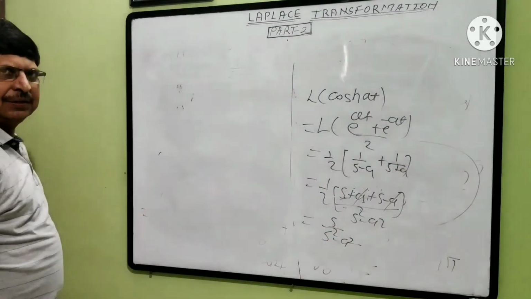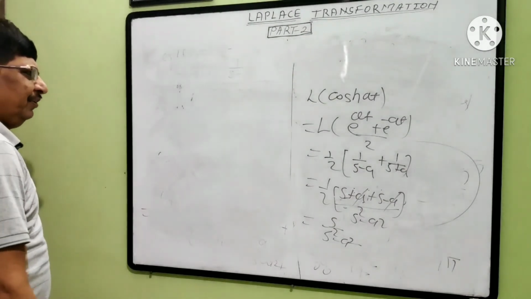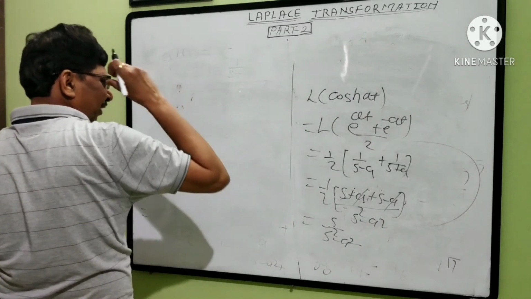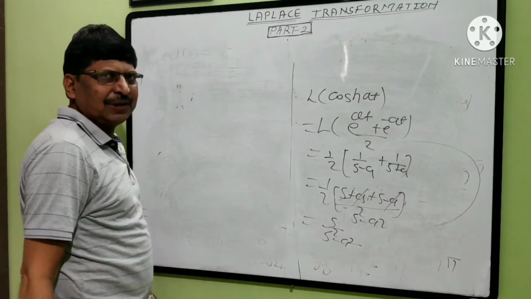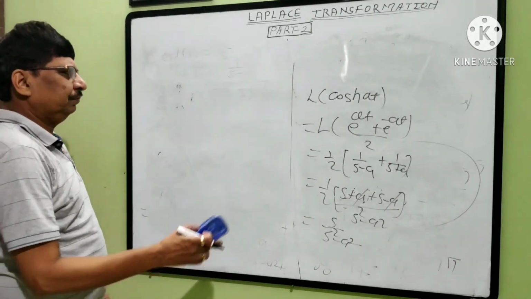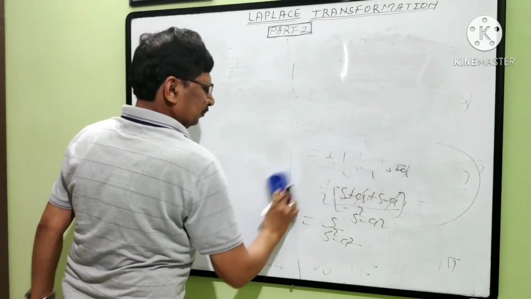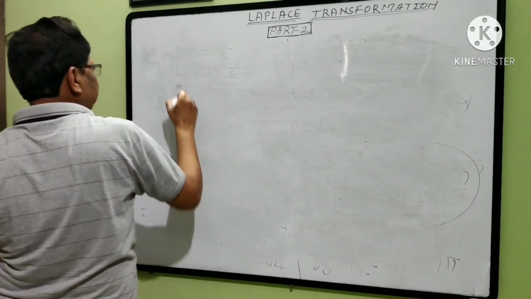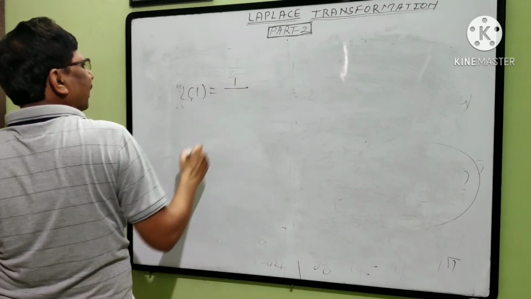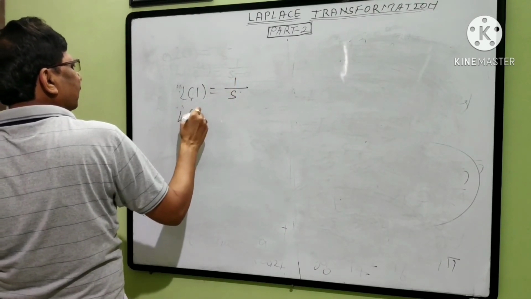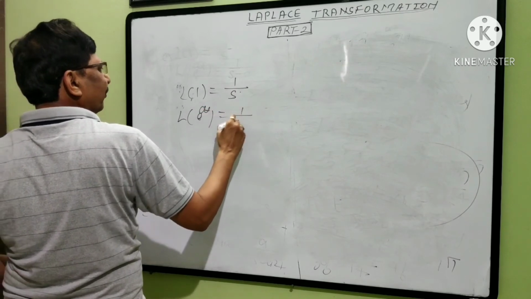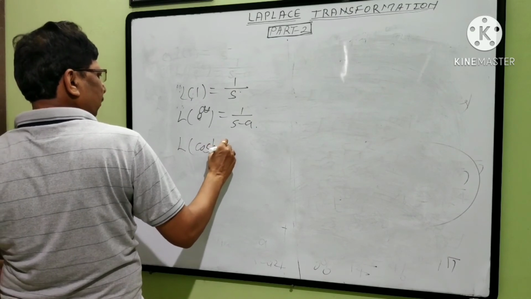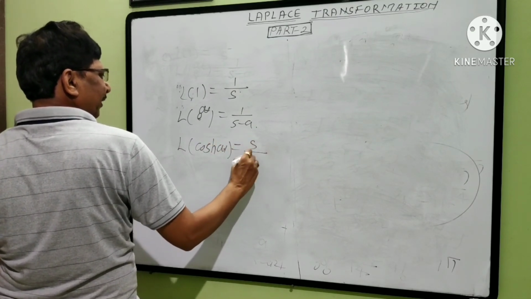Okay, any doubt? Cos means s in numerator, and in sin, a in numerator. Okay, I am going to write again. Laplace of e raised to at is 1 by s minus a. Laplace transformation of cos hyperbolic at is s upon s square minus a square.